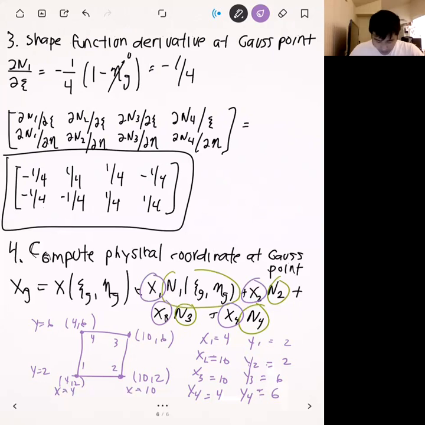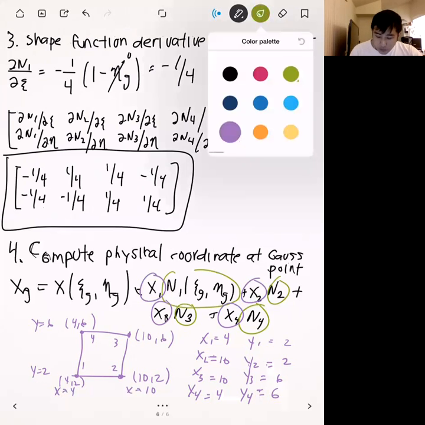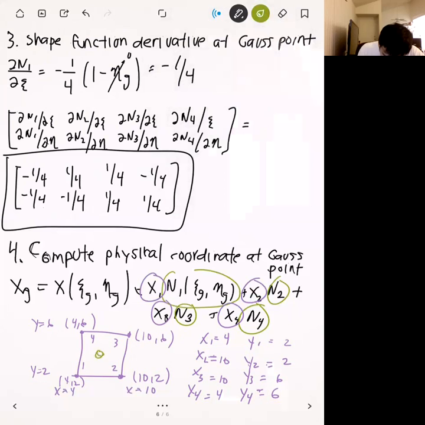Since everything here is just 1/4, the x coordinate of the centerpiece, which is the centroid of our square, is simply the average of all these x-coordinates. So we do 4 plus 4 plus 10 plus 10, all divided by 4.